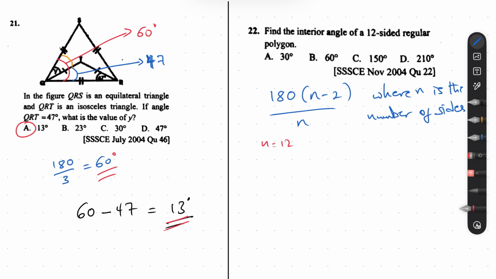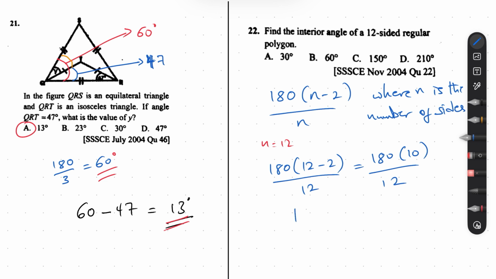So we can substitute. Then we have 180 times (12 minus 2) all over 12. So we have 180 multiplying 10 over 12. So our answer would be 150. 150 is our answer, which is C.